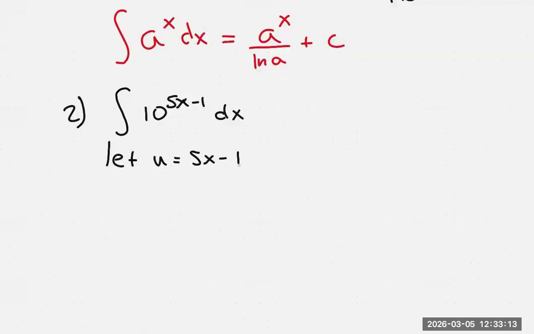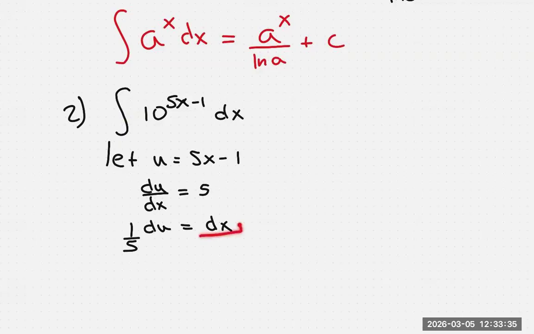Now differentiate it and get 5, as you correctly said. Divide both sides by 5 because there's no 5 right here, and multiply both sides by dx. Now dx can be replaced, and 5x minus 1 can be replaced by u.